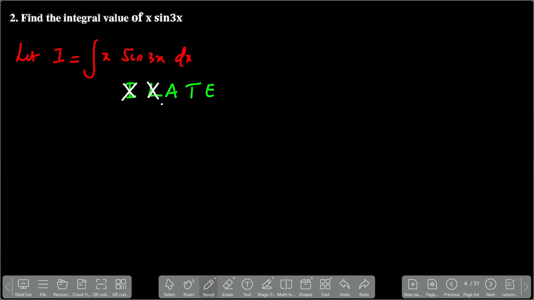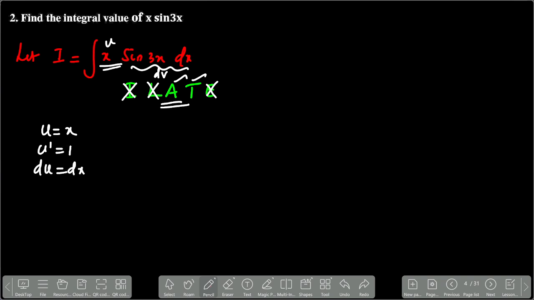There is an algebraic function; this is u, the remaining is dv. This is trigonometric, and the last one does not exist. Any doubt? Now u equal to x, u dash equal to 1 or du equal to dx. Integral dv equal to integral of sin 3x into dx.